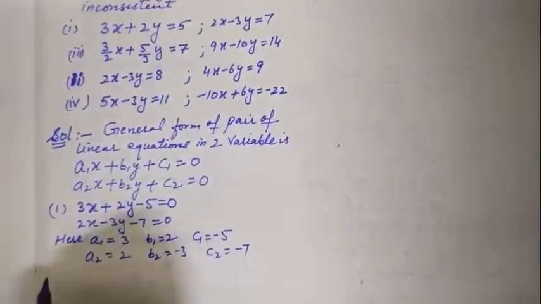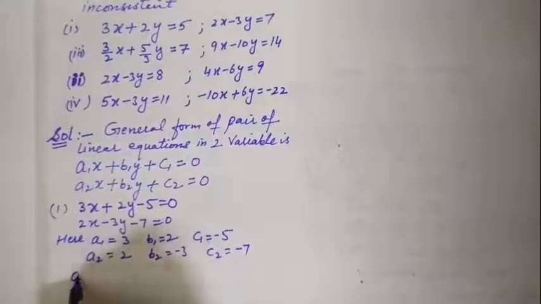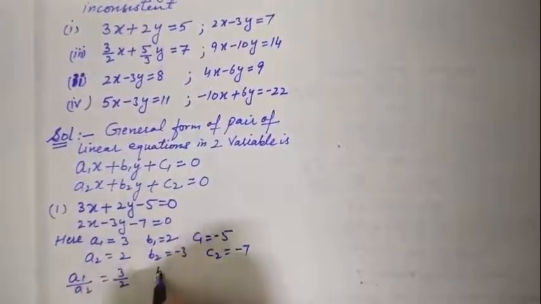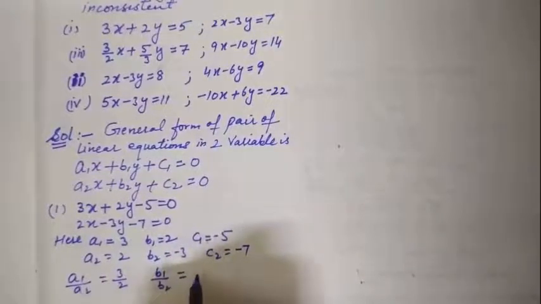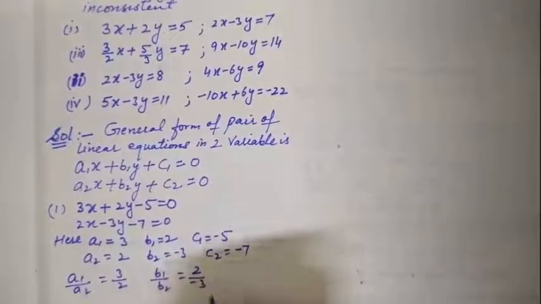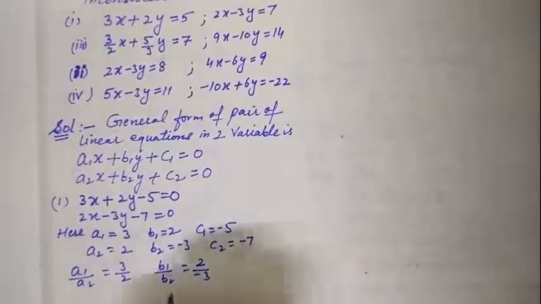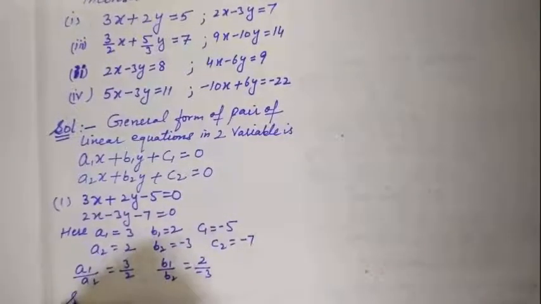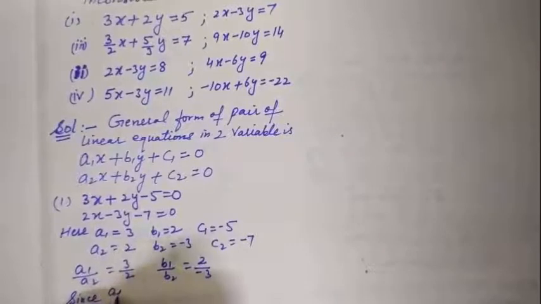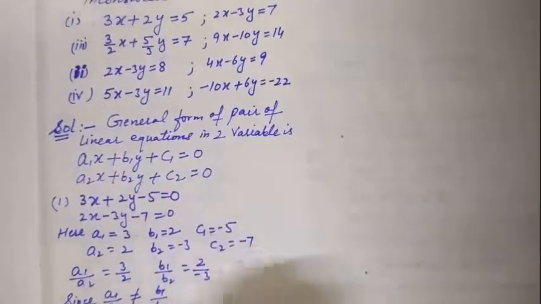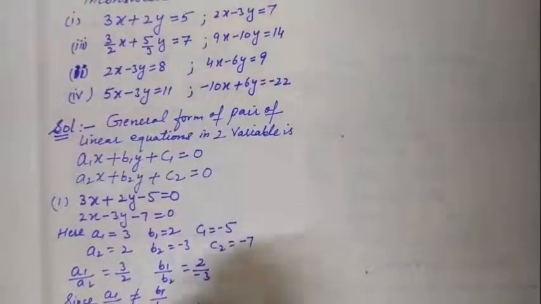If you find a1 over a2, it will be 3 over 2. b1 over b2 will be 2 over minus 3. These two are not equal, so we should not find c1 over c2. So we write: since a1 over a2 is not equal to b1 over b2, this pair of lines is intersecting.